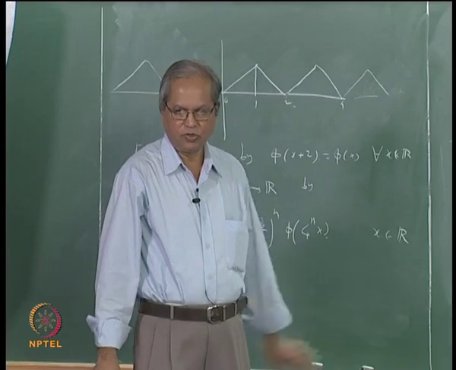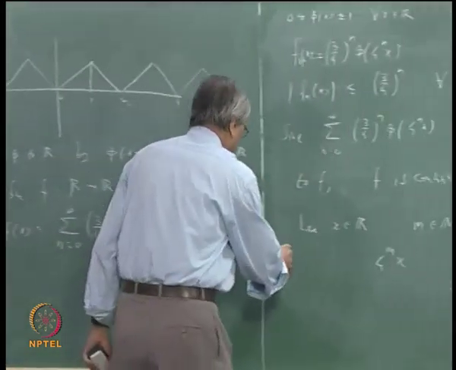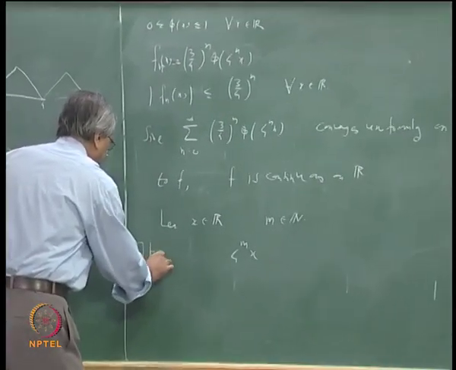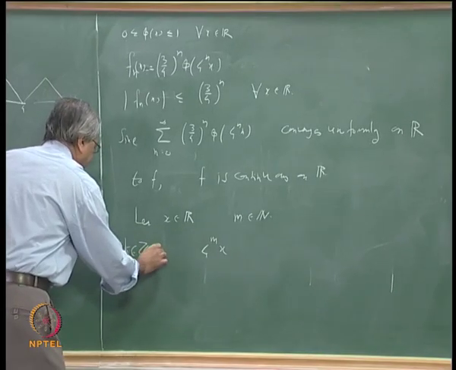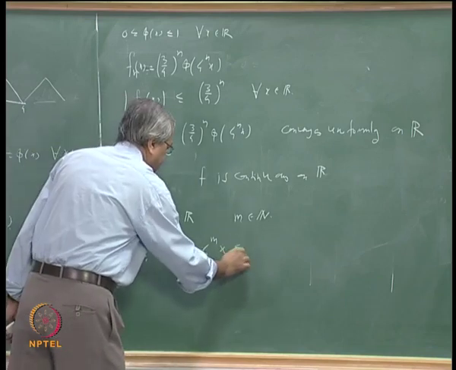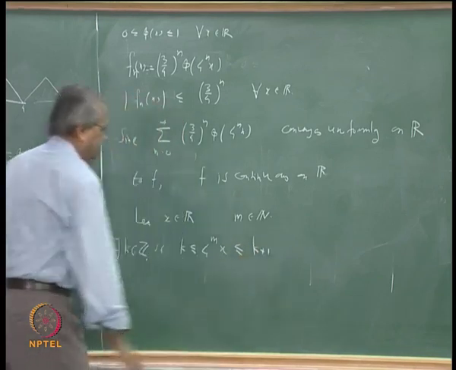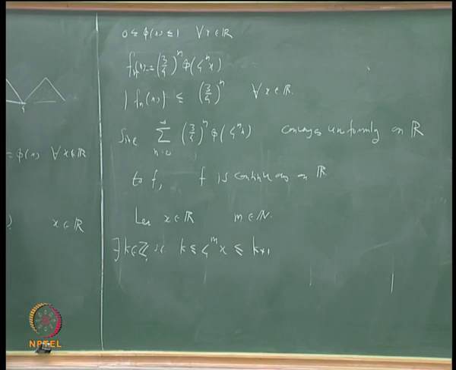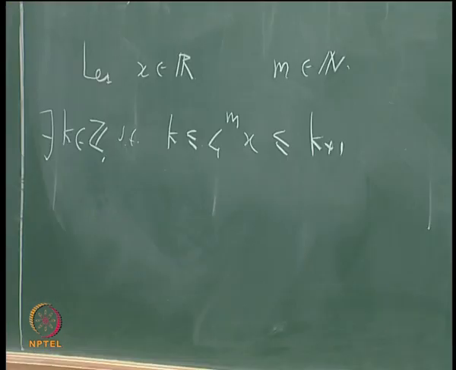So there exists k in Z such that k is less than or equal to 4 to the power m x, which is less than or equal to k plus 1.